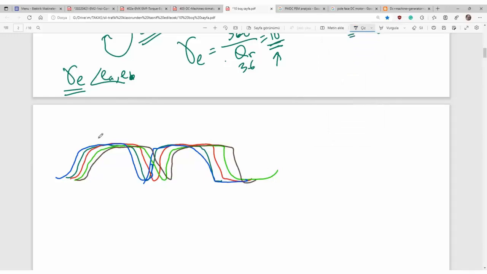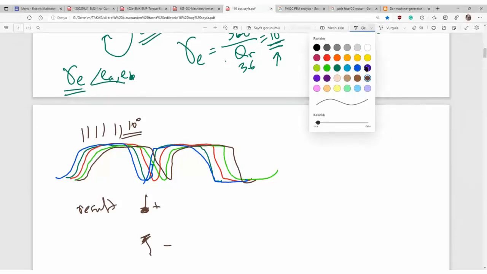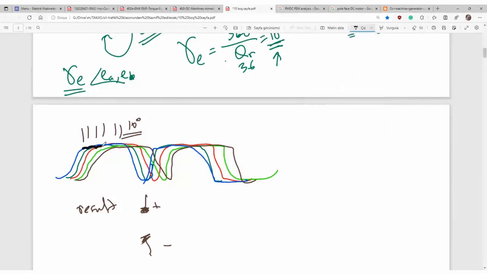And you commutate the voltages each 10 degrees. So what is the result between the brushes? The result will be like this. Let me show it here. Each 10 degrees, there is a commutation. So it looks very clear.